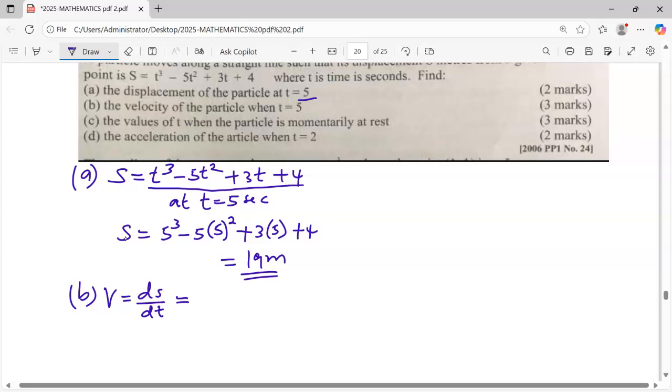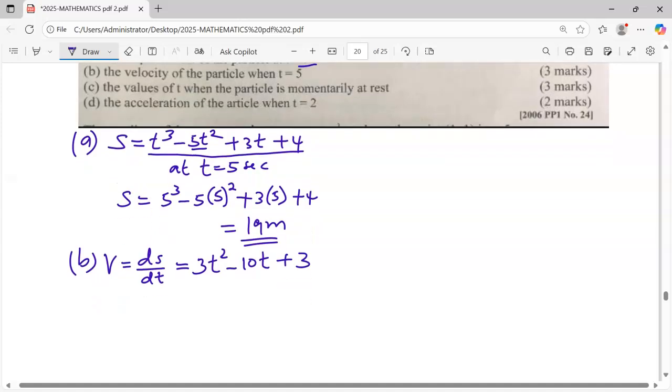We start with t to the power 3, which is going to give us 3t squared. Remember, you bring down the power, then you subtract 1 from the power. Then for 5t squared, 2 multiplies with 5, so we are going to have minus 2 times 5, which is 10. Then you subtract 1 from the power, we remain with t. Then for 3t, you differentiate 3t, you get 3.